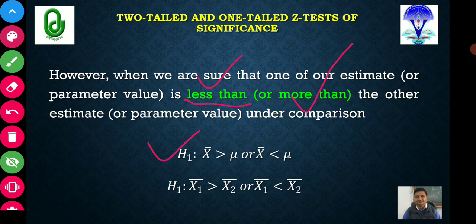So two kinds of alternate hypothesis we are getting. Or if you are comparing two means, then mean of the first sample is greater than the second mean, or mean of the first sample is lesser than the second mean. So this is how we are deciding whether we are going for one-tail or two-tail hypothesis testing, and this is applicable for all other tests also. It is not only limited to Z test.